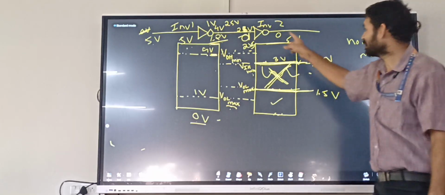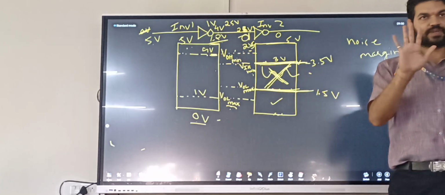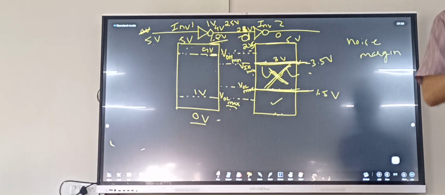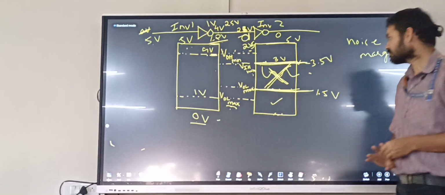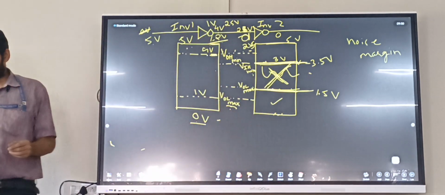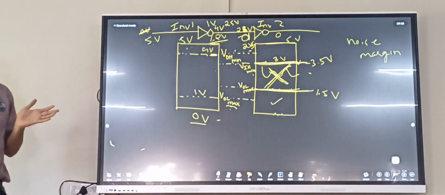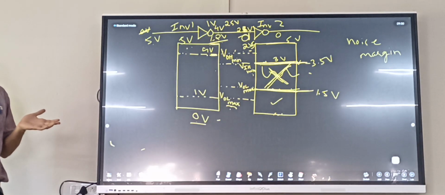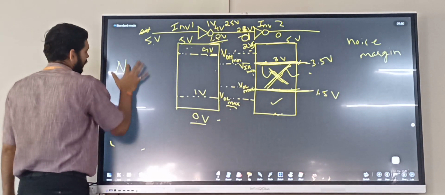All this, we took voltage levels just as an example, to explain, we took one case. Okay, those are fixed values, right? So noise margin is immunity towards the noise. Okay, we have a formula actually, NMH and NML. What does NM mean?